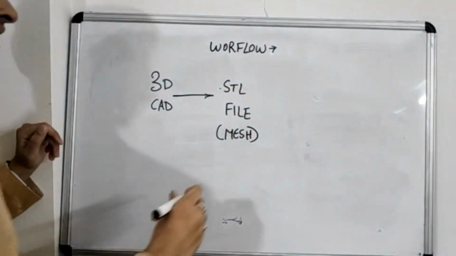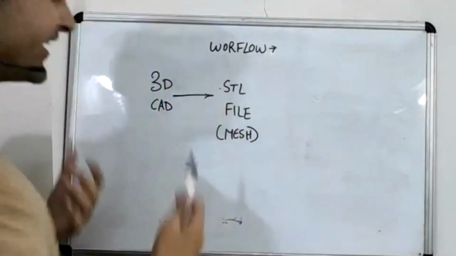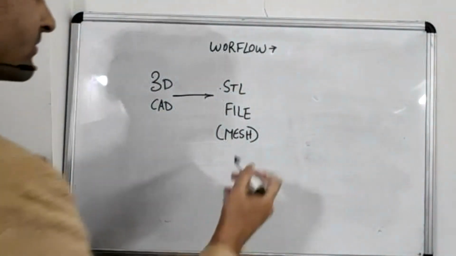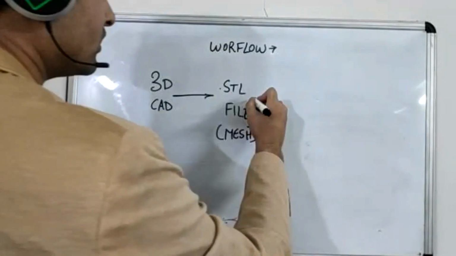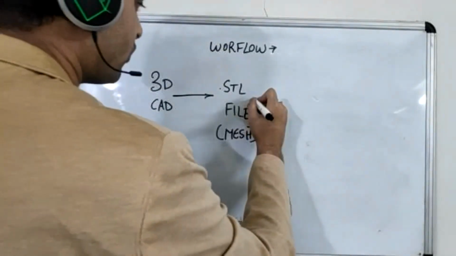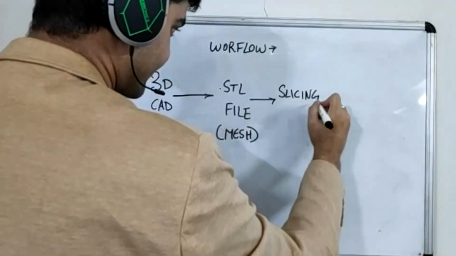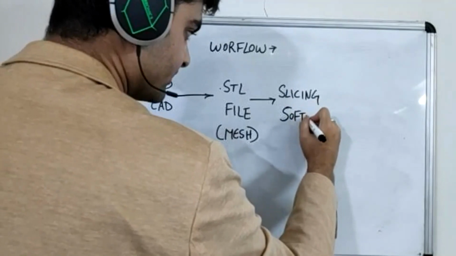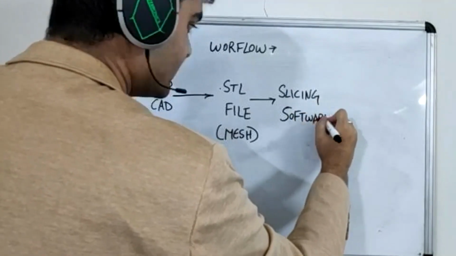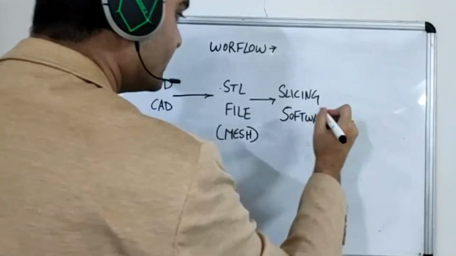And this STL file is made up of a lot of triangles connected together. Okay. Once we have that STL file, what we do is send it to a slicing software. Unfortunately, I don't have a 3D printer set up with me, which is why I can't demonstrate actual 3D printing to you. But yeah, we send it to a slicing software like, say, Netfabb or Cura.